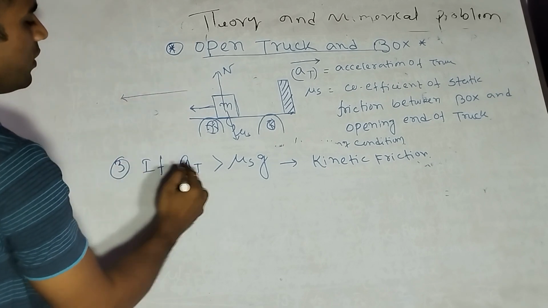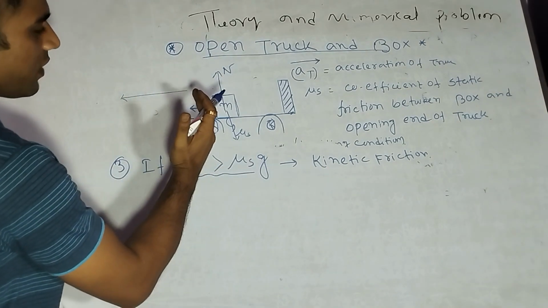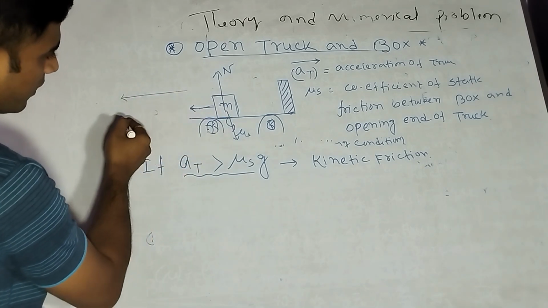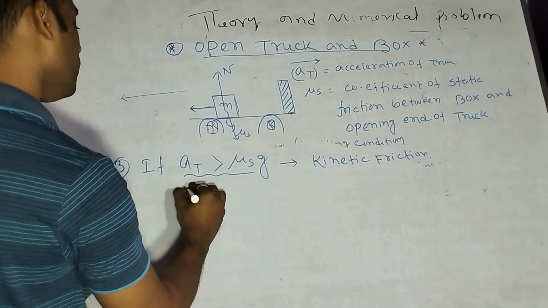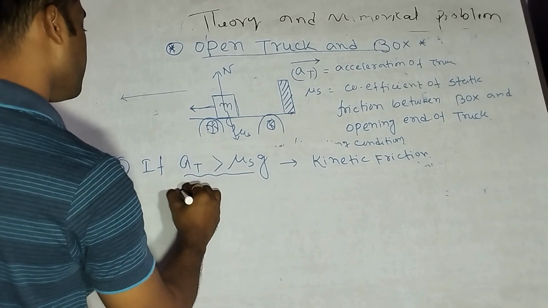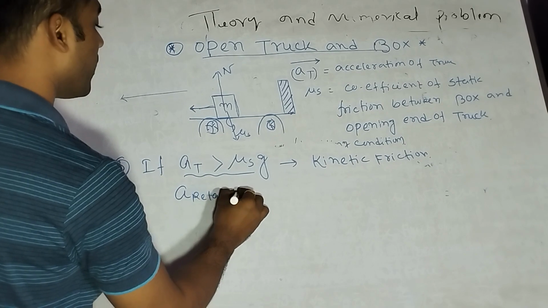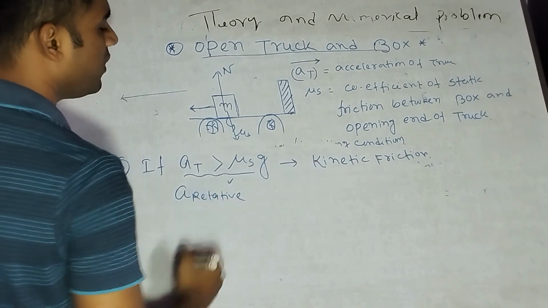This is the condition: AT greater than mu s g, then the box started moving backwardly. That means the block moves in this position. In this case, the friction force first applies a relative acceleration. When the friction is kinetic friction, you can justify this condition.